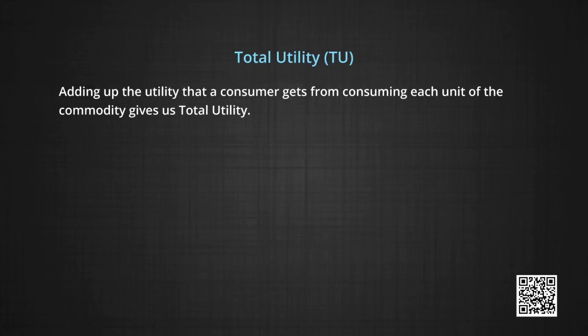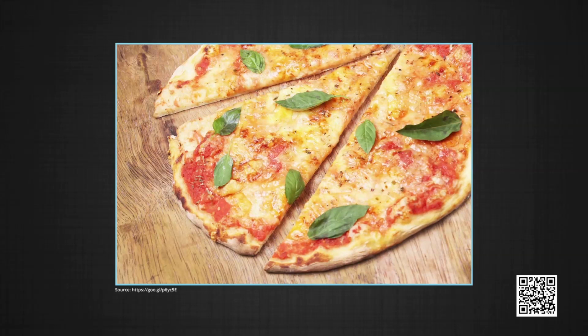Adding up the utility that a consumer gets from consuming each unit of the commodity that she buys gives us total utility. Imagine that you want to have pizza. The intensity of wanting pizza is so high that the first bite into it makes you say, wow. Typically, as you go on having more and more pizza, you begin to feel full.